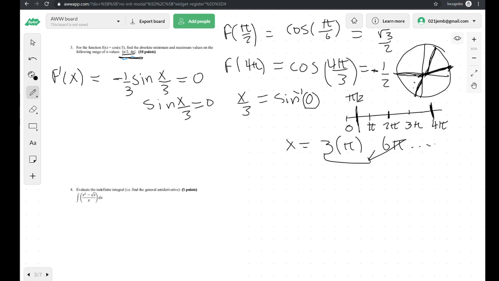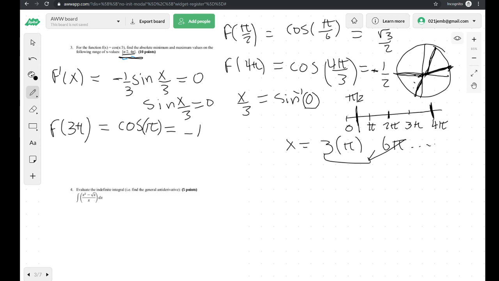So let's find what f of 3 pi is. That's just going to be cosine of 3 pi over 3, which is cosine of pi, and that's -1. Given that these are all our endpoints and we found the values of them, then we can say that this is going to be our absolute minimum.